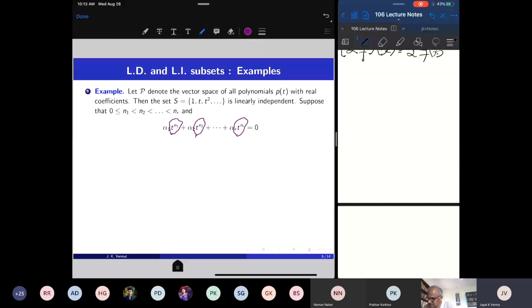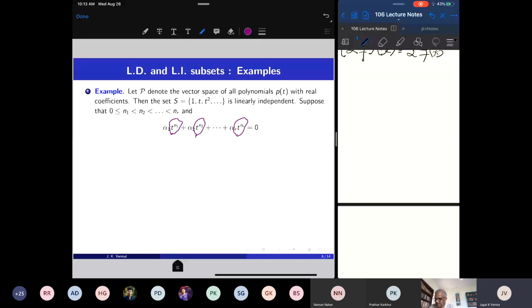Or differentiate this relation on both sides n1 times, and then put t equal to 0, I will get alpha 1 equal to 0, and continue this way. Or you can differentiate nr times and get alpha r equal to 0, then differentiate nr minus 1 times and substitute, which will give me the other coefficients to be 0.